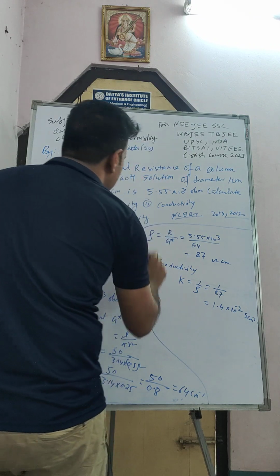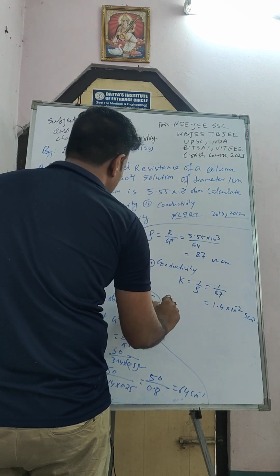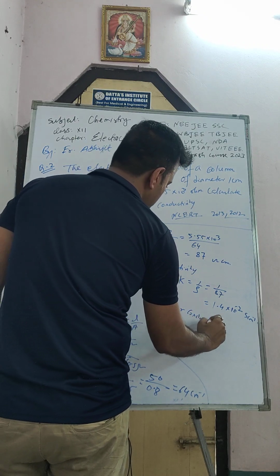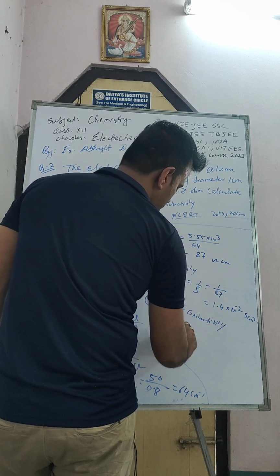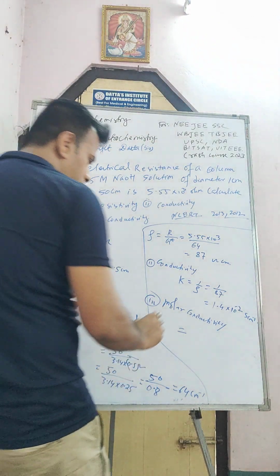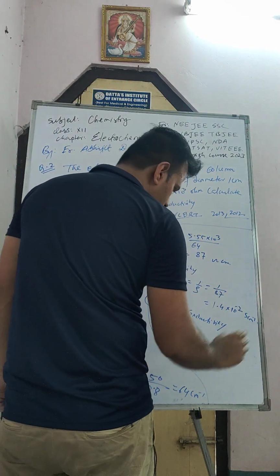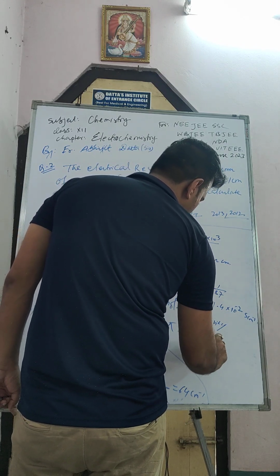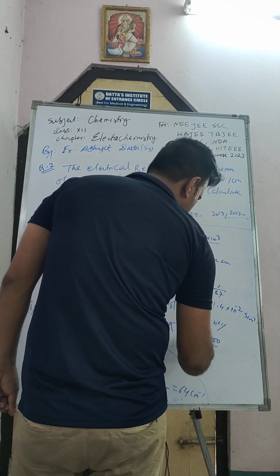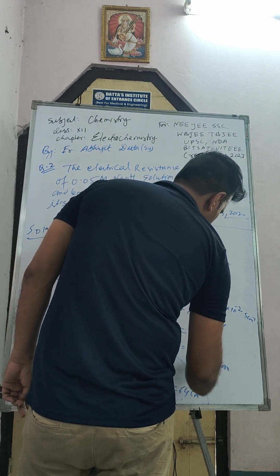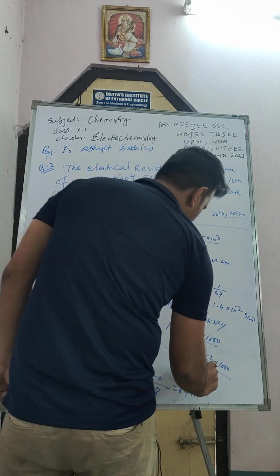Now molar conductivity. Molar conductivity lambda is equal to K into 1000 divided by C. So K is 1.4 into 10 to the power minus 2, into 1000, and C is the concentration 0.05.